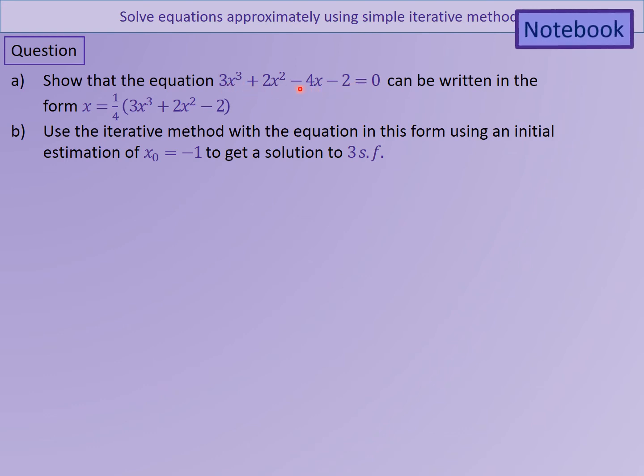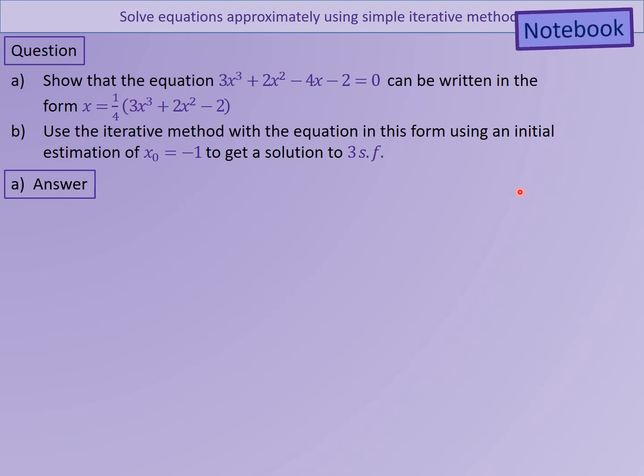It doesn't factorise nicely, so the roots aren't going to be nice numbers. So what I'm going to look for is an iterative method that could hopefully estimate some of those roots for me. Right, so just pause it there, write down the question, have a go yourselves if you want to first of all, and then we'll have a look at putting the model solution down in our notebooks.